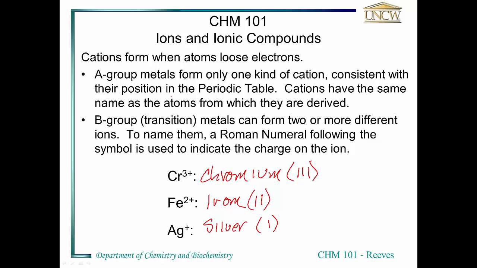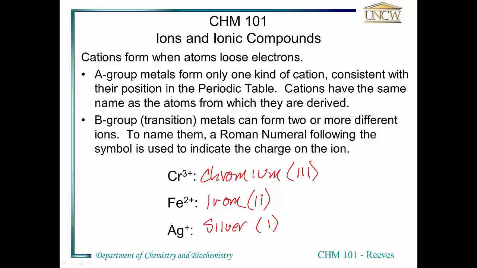But for the sake of simplicity, our rule in this course is that if you're naming a compound with a transition metal ion in it, you need to indicate the charge on the ion. So even though zinc only forms +2, you still need to call it zinc(II). Likewise, if you're naming an A group metal cation, you do not indicate the Roman numeral because those names are unambiguous.